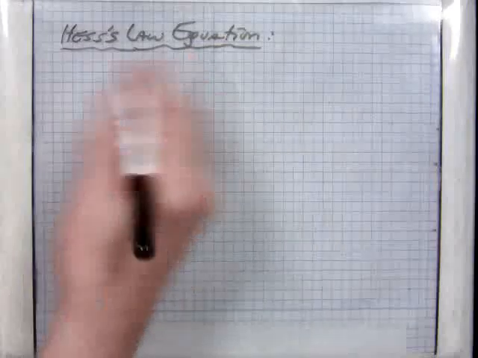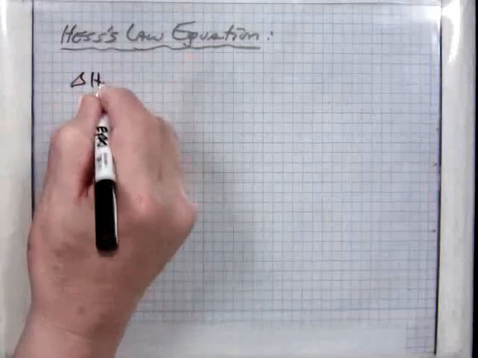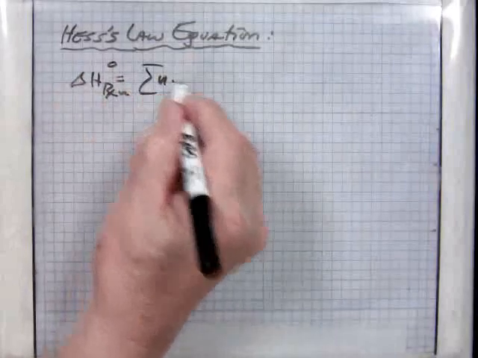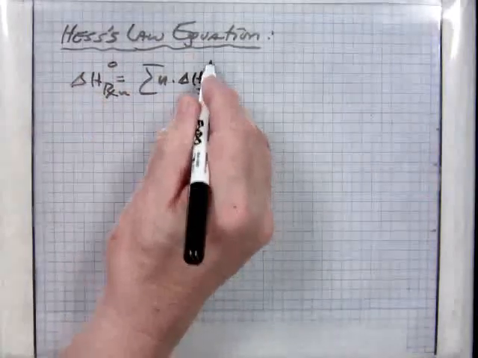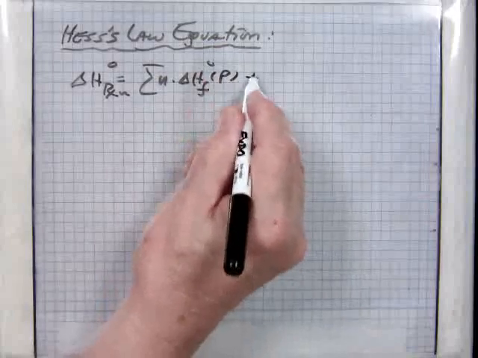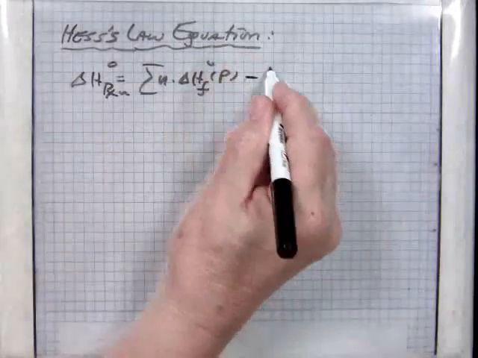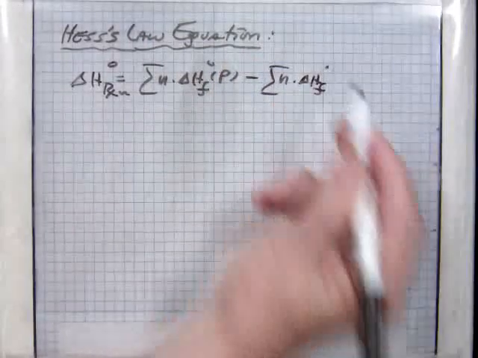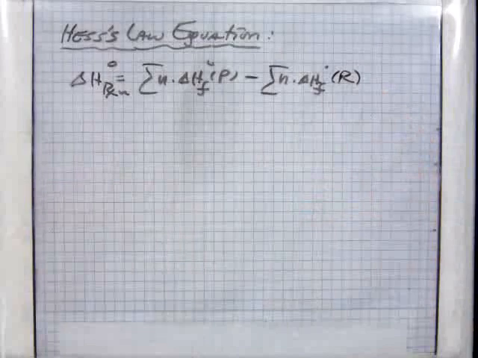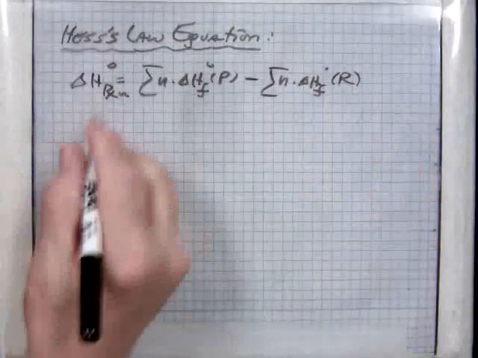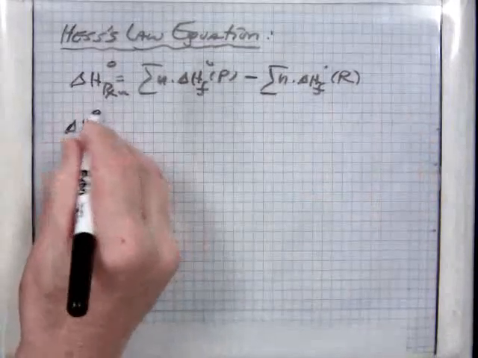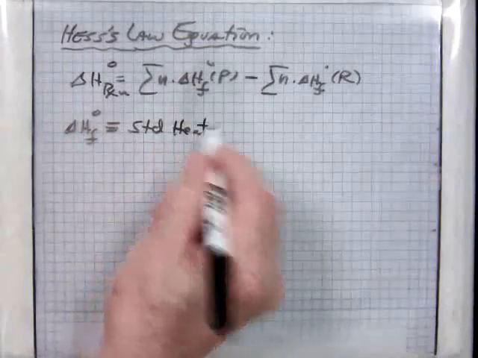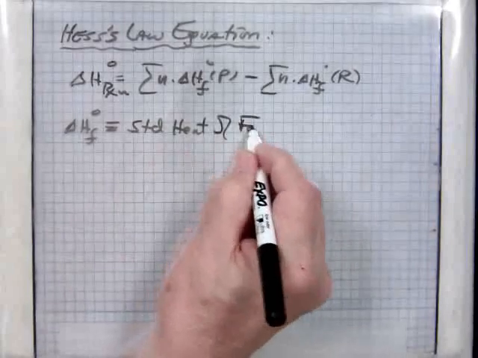So, when we write Hess's law for any reaction, again it's the sum of the moles times the heats of formation of the products minus the sum of moles times the heats of formation of the reactants. And delta HF is defined as the standard heat of formation.